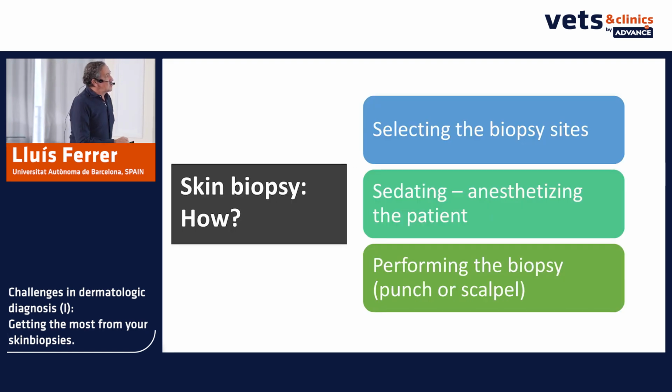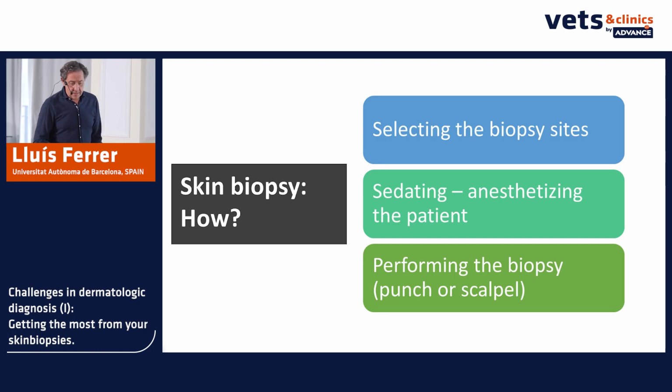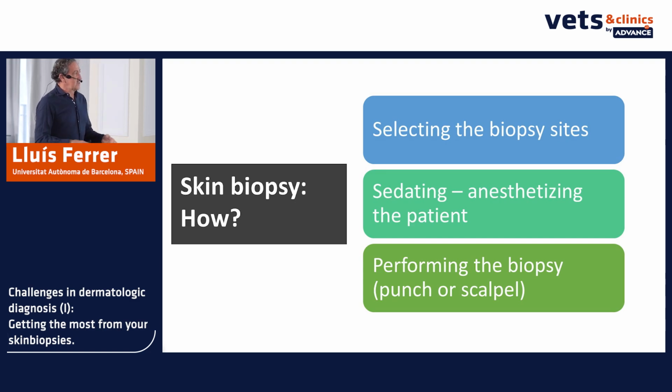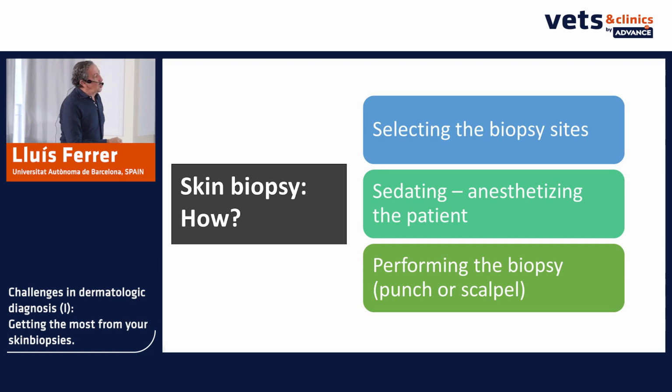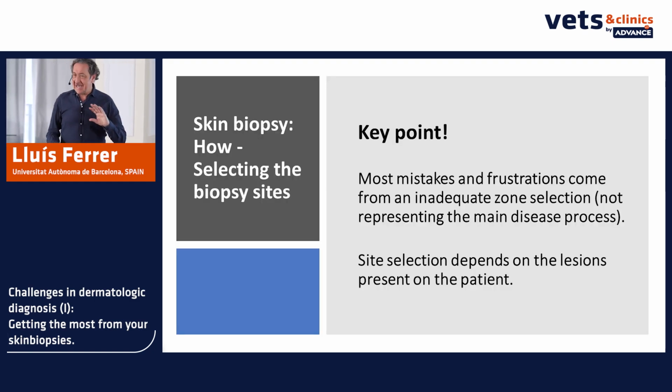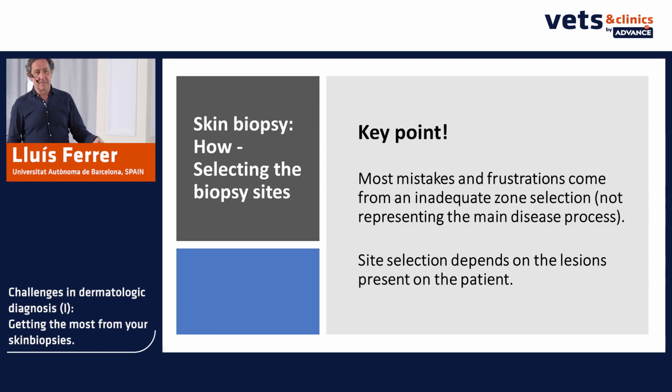So how are we going to do the biopsy? Well, basically, there are 3 points to be considered that are extremely important: selecting the biopsy sites, sedating the patient, we will see the different approaches, and then performing the biopsy. The most important of the 3 is selecting the sites of biopsy.